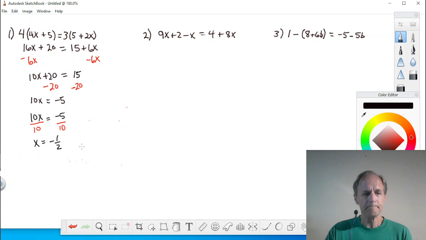Okay. So let's check that. We're going to plug negative 1/2 in. A little bit tedious, but let's get it done. 4 times negative 1/2. I'm just putting in negative 1/2 everywhere there's an x.